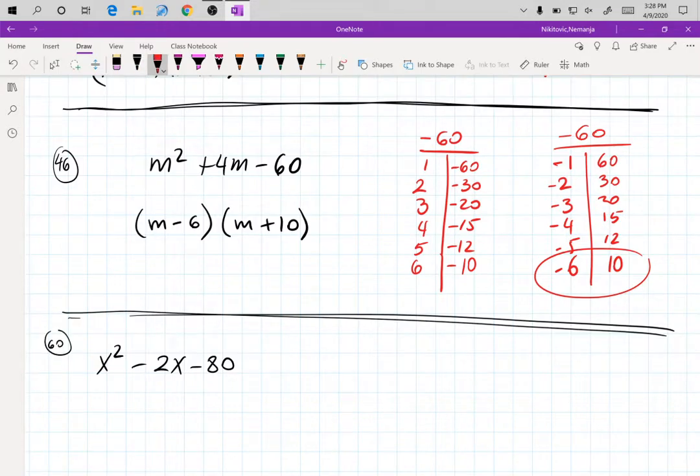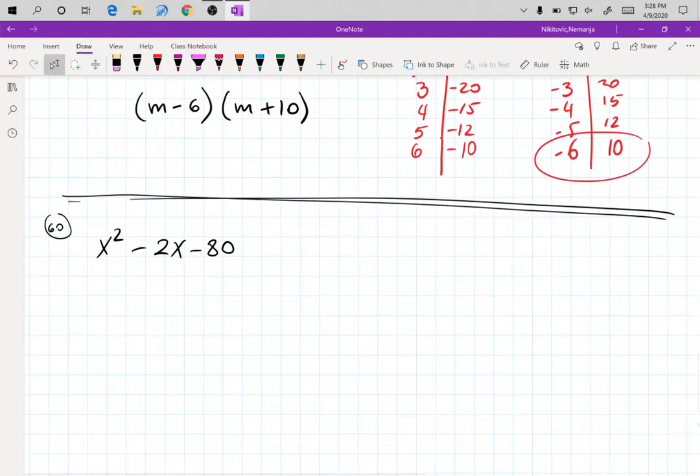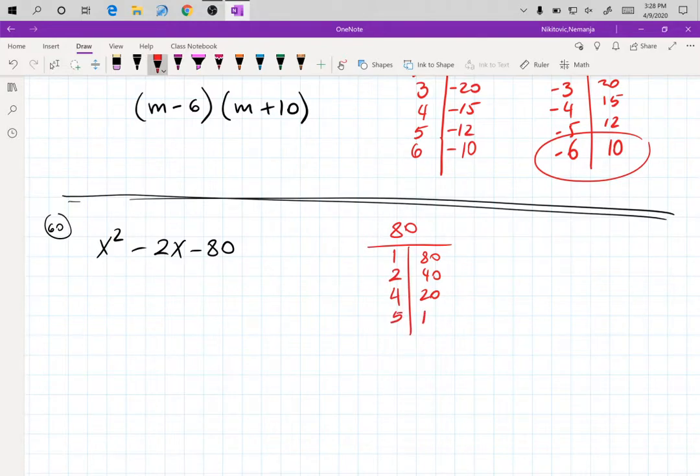Again, no delay. Just 80 and the factors: 1 and 80, 2 and 40. 3 doesn't work. 4 and 20, 5 and 16, 6 doesn't work, 7 doesn't work, and then 8 and 10.